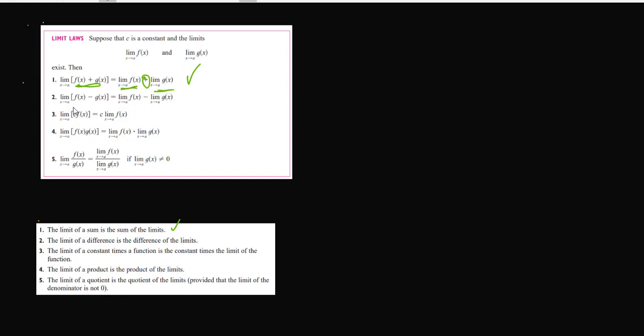This one would say the limit of a difference is equal to the difference of the limits. And this one would say the limit of a constant times a function is equal to the constant times the limit of the function.